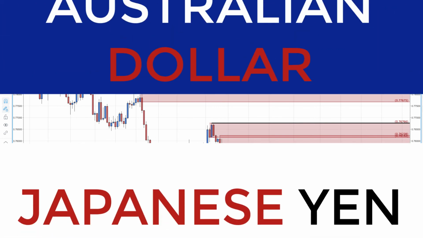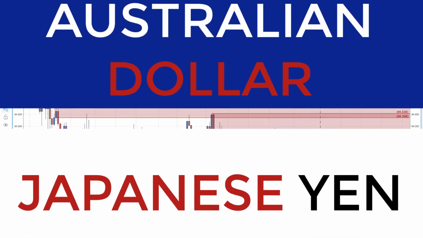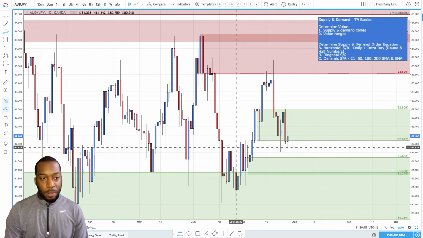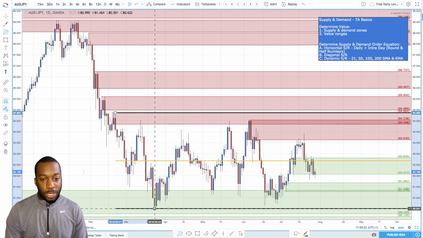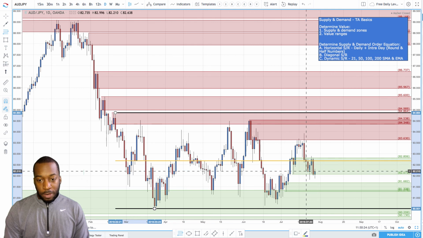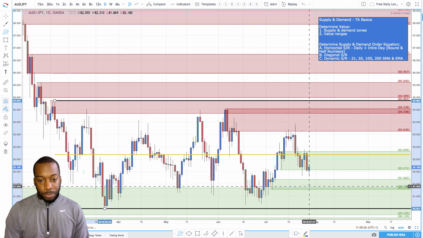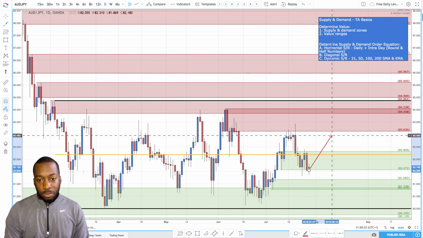And going on to, lastly, the Australian dollar, Japanese yen, right? We've got, again, just a range. Price has been ranging between that low and that high, around fair value. If I'm looking to be a buyer with the Australian dollar, now is probably a decent time, but there's just some risk going on in the market with the trade wars.